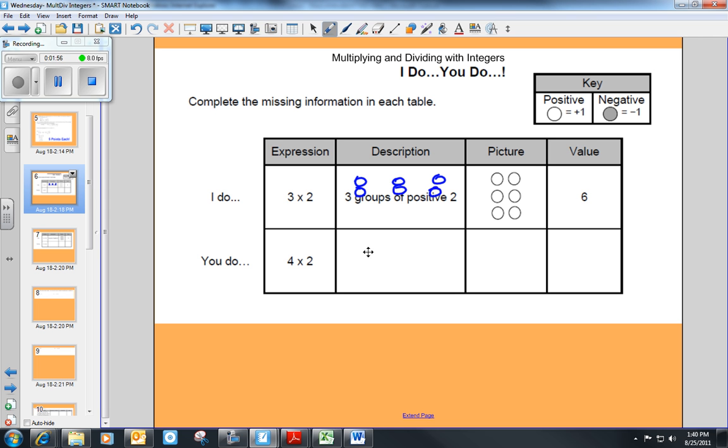So if I had 4 groups of positive 2, I would write in here 4 groups of positive 2. Here's 1 group, 2 groups, 3 groups, 4 groups, and the value is a positive 8.